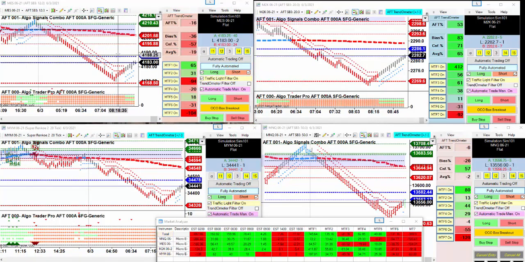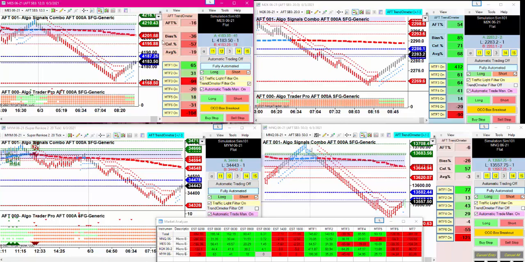So there's the Trendometer filter right here. We can check that to on. That way it tells the system not to execute any trades unless the AFT percent is greater than 50 to the long side, and it won't execute trades to the short side unless it's minus 50 or lower.